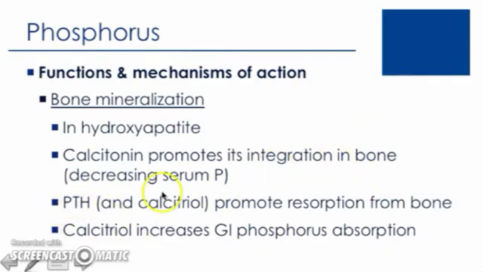We see that PTH and calcitriol working with PTH promotes the resorption or demineralization of bone, then freeing phosphorus into circulation. And then we also see that calcitriol, as we saw before in a previous slide, increases the absorption of phosphorus.